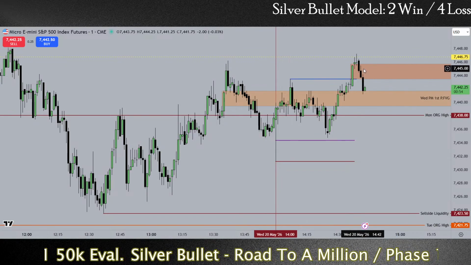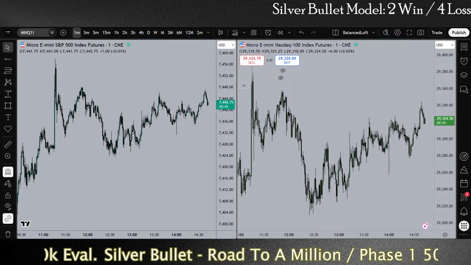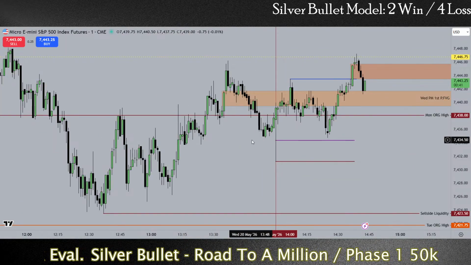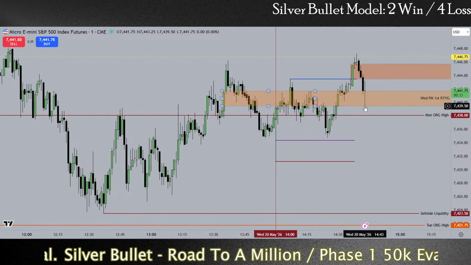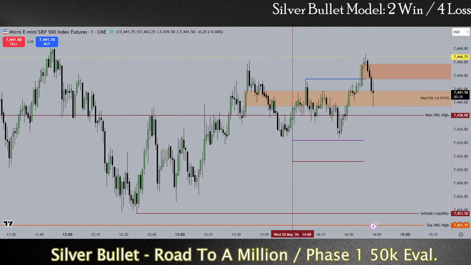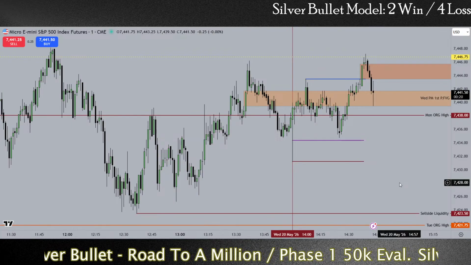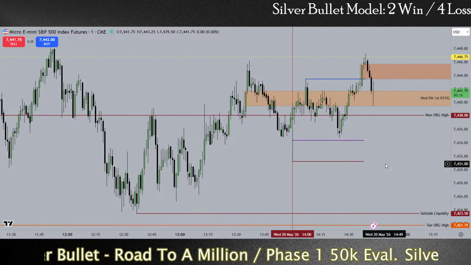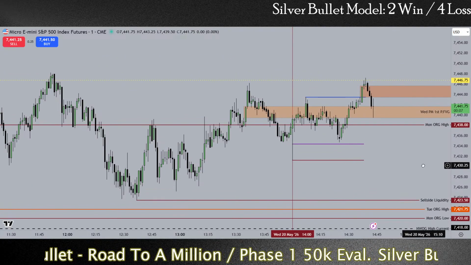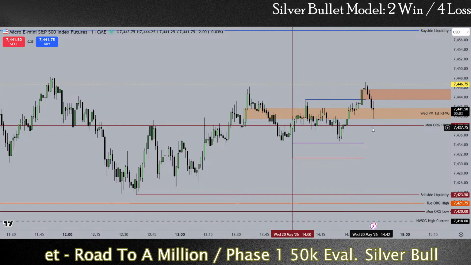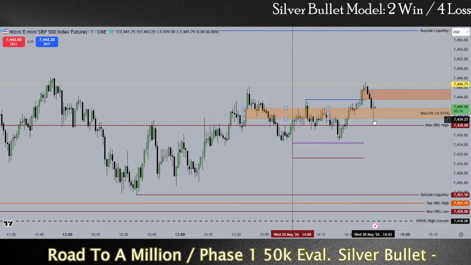So now this is a potential inversion fair value gap. Yeah, so far we came back into this first presentation here.